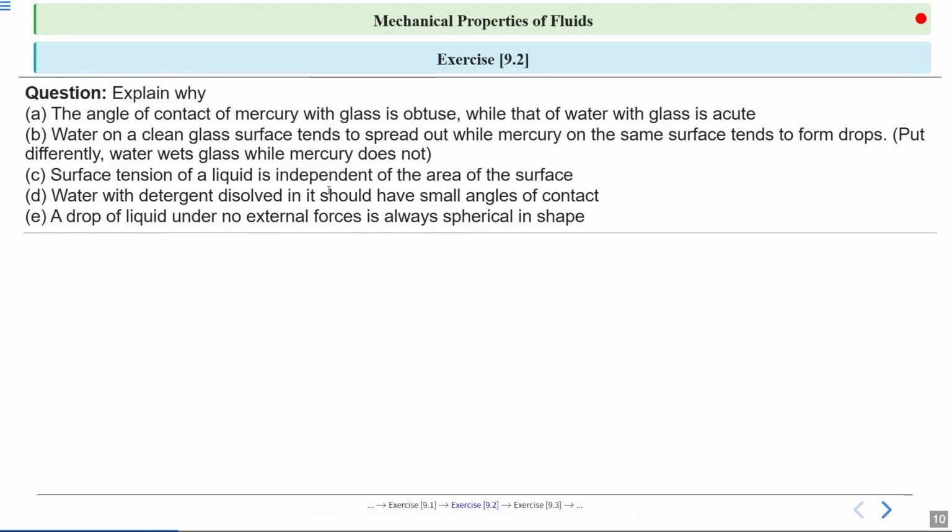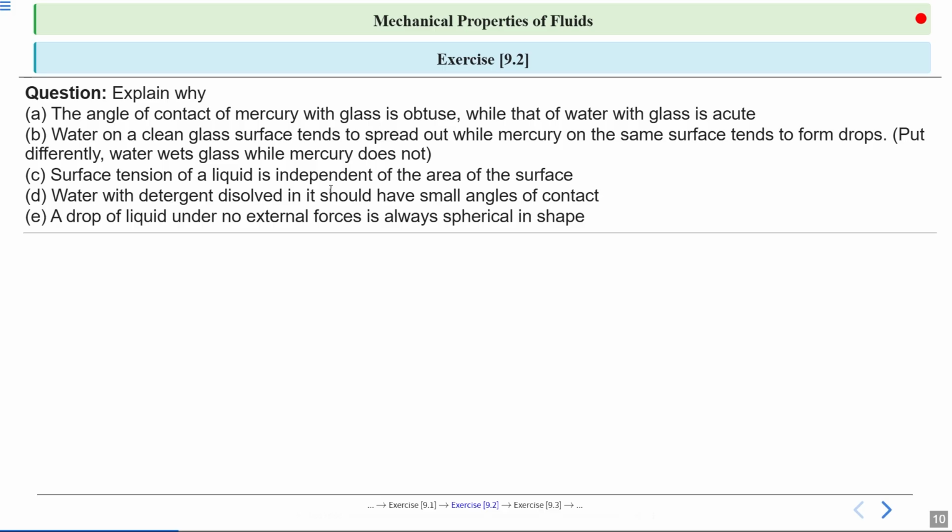9.2. Explain why. A. The angle of contact of mercury with glass is obtuse, while that of water with glass is acute. B. Water on a clean glass surface tends to spread out, while mercury on the same surface tends to form drops.